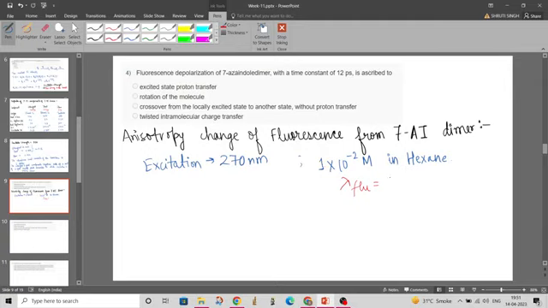So here the red edge 500 nanometer and the blue edge.